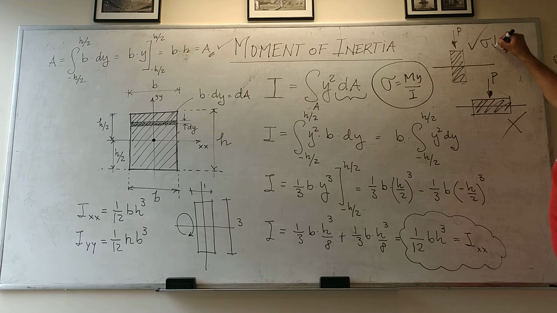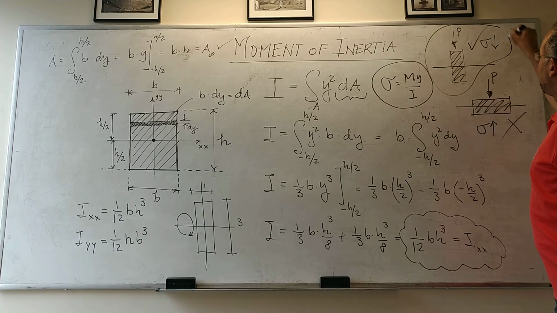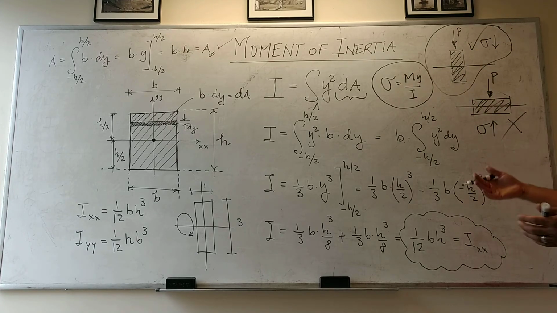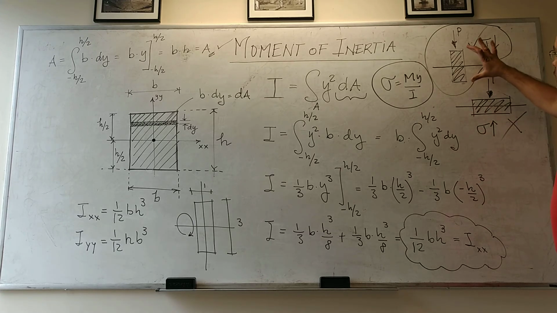So here the stresses are going to be low, here the stresses are going to be very high. So this is the right way to place a beam when subjected to transverse loads that are in this direction. So the general rule is you want to place the beam with the dimension that is larger aligned with the direction of the load.